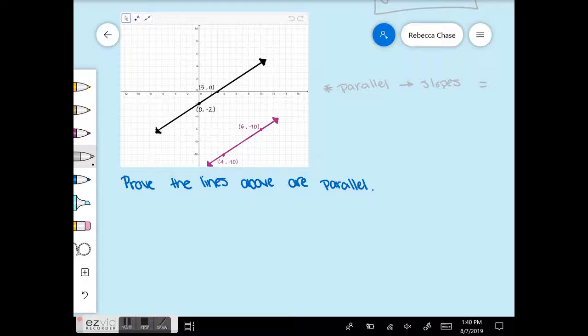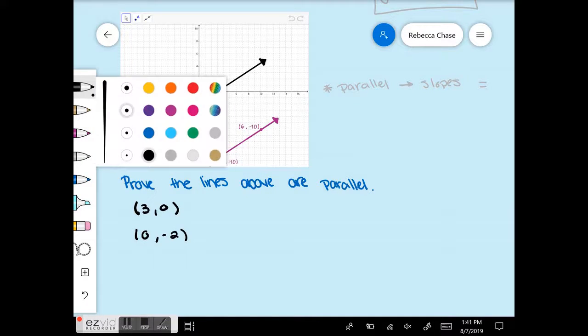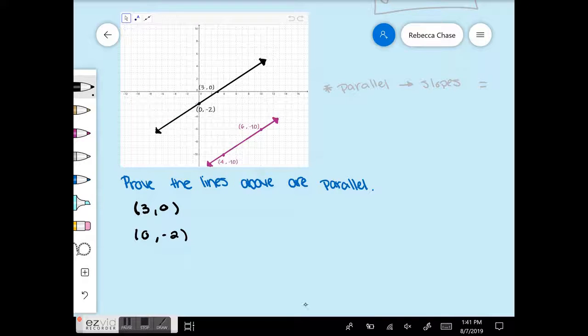All right, so first I'm going to look at the black line, and the points are (3, 0) and (0, negative 2). Okay, this is my x sub 1, x sub 2, y sub 1, y sub 2. And then I'm going to rewrite my formula.